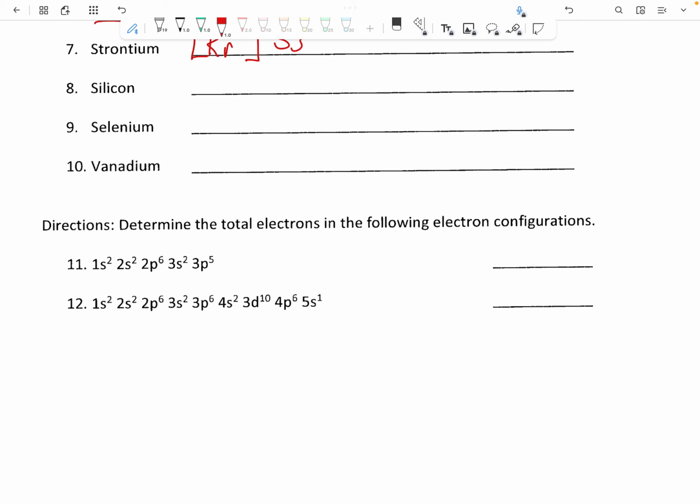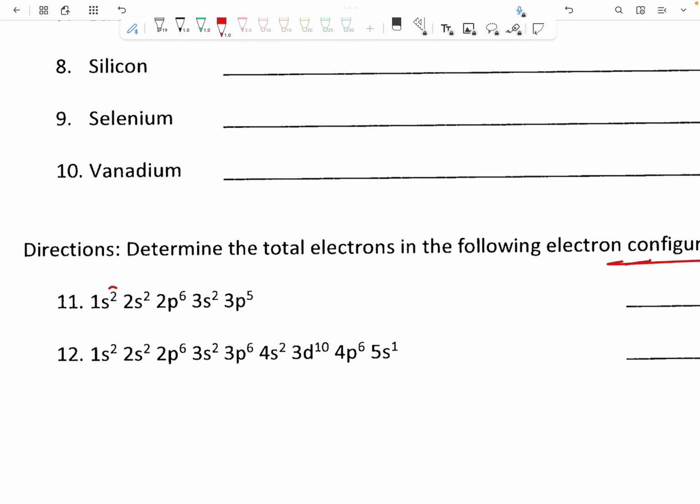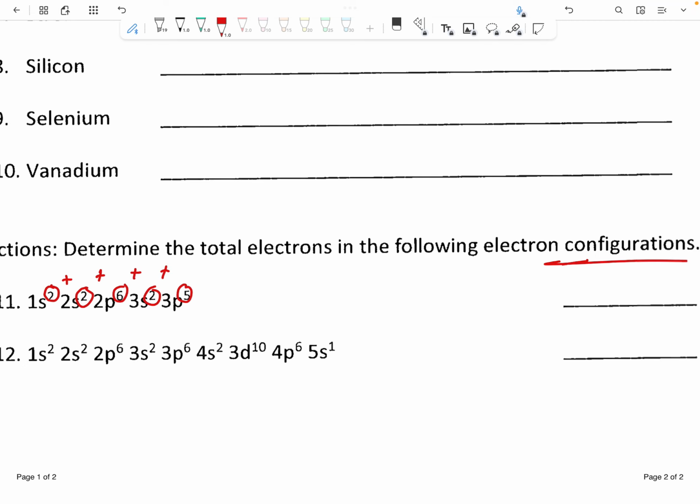For the number of total electrons in the following configurations, the way you do that is by looking at the exponents that you see here. You add them all together. So 2 plus 2 plus 6 plus 2 plus 5, that's 10, 17. 17 total electrons for number 11.